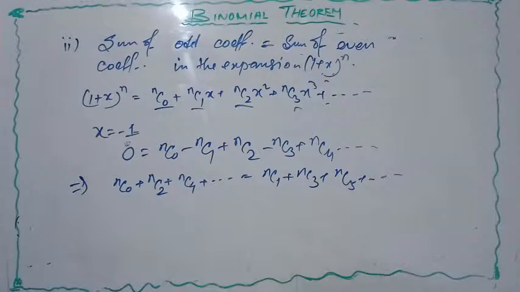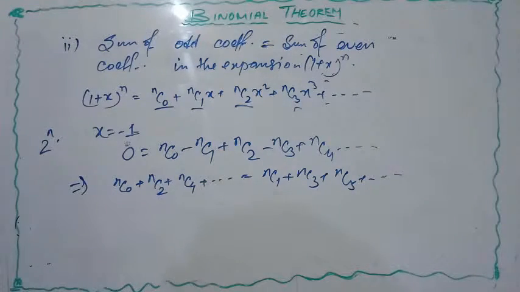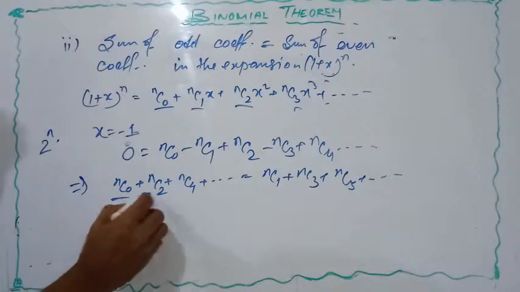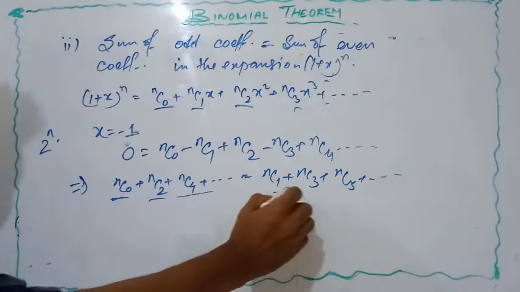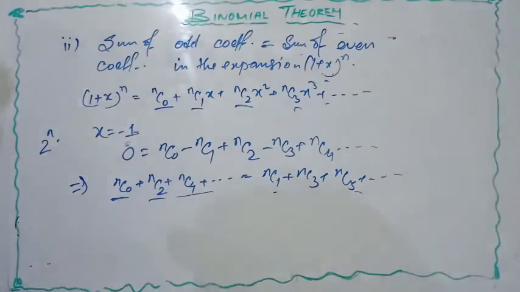Now from the previous property we know that the sum of all coefficients is equal to 2^n. So the sum of odd coefficients is equal to the sum of even coefficients. So we have proved the property.